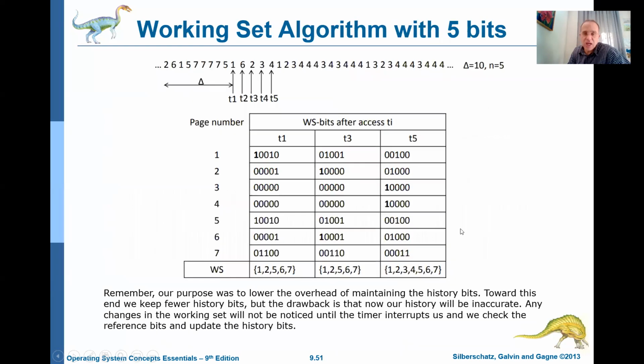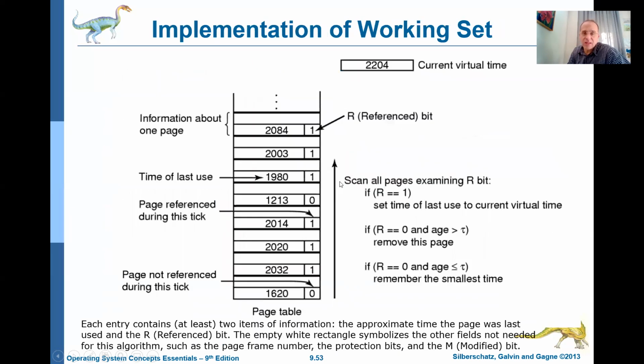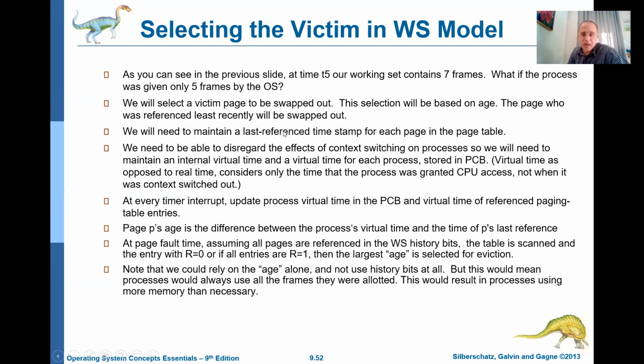In other words, I just take this number, and let's say the current time is 2204. And I want to know the age of this one. So I subtract 2204 minus 2084, and I get something like 120. So his age is 120, whereas his age is much older, more like 1,000. So that's the age. That's kind of obvious.